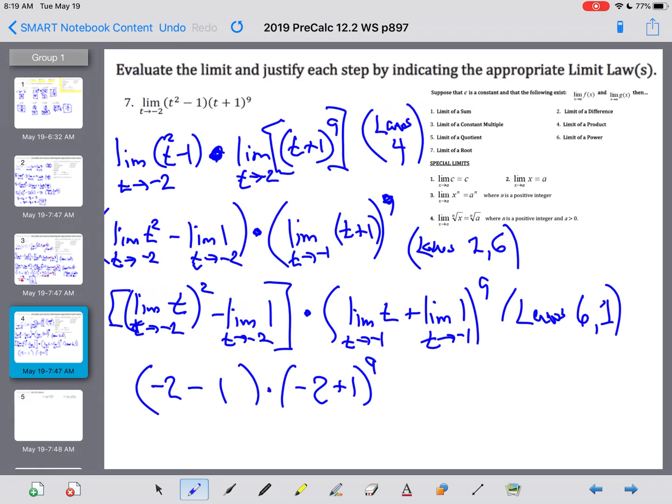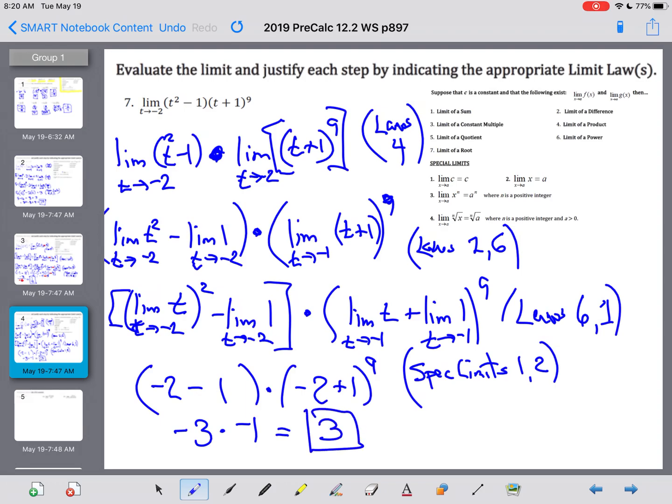And again, this is multiply, so I did the special limits. I did 1. I did 2. Okay. And so here I get negative 3 times this is negative 1 to the, and so that should give me positive 3 for the final answer.